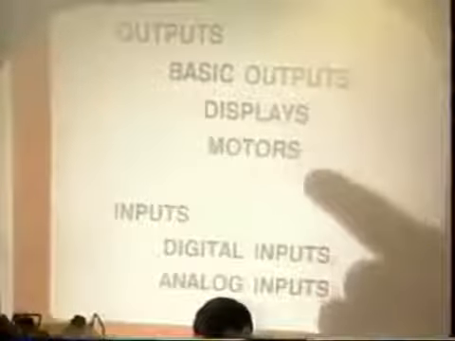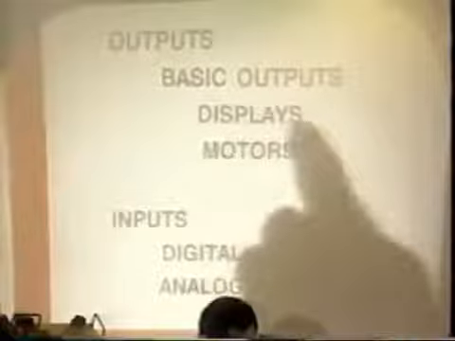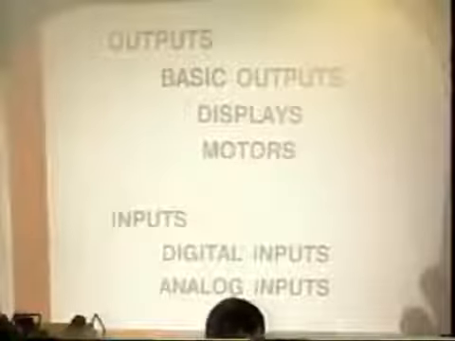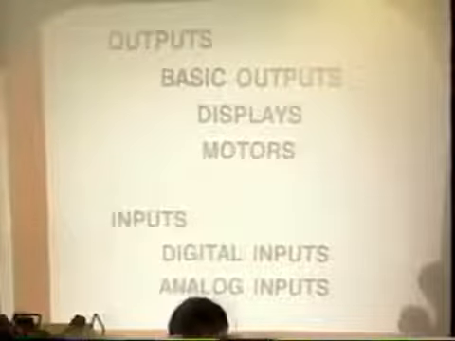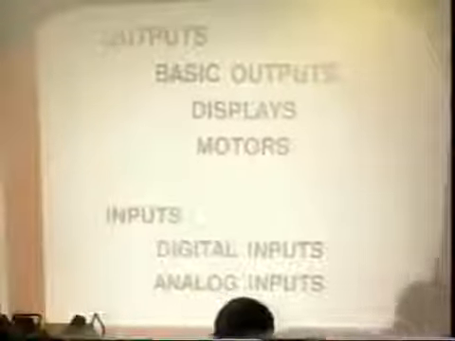I divided everything into two sections, and we're going to look at some output circuits where you can control things from your computer, and inputs where you can read things into your computer. Outputs include basic circuits, and displays like liquid crystal displays and LED displays.